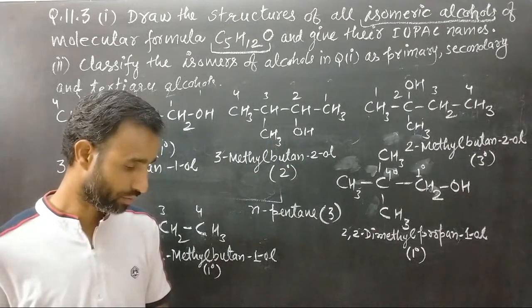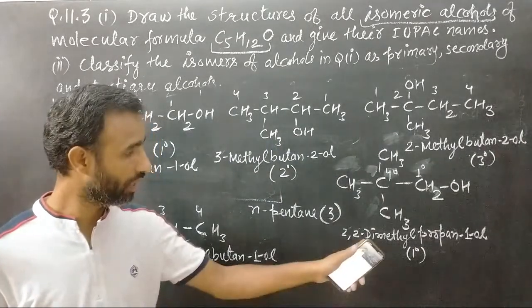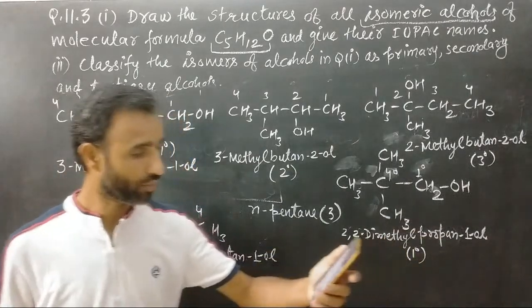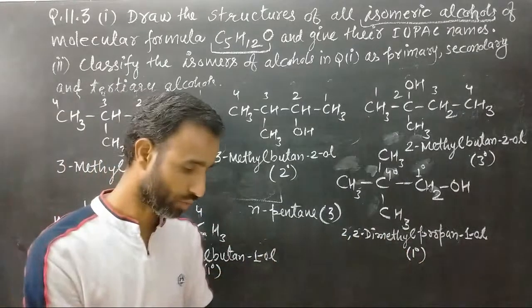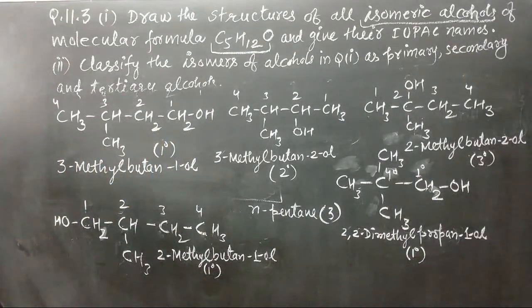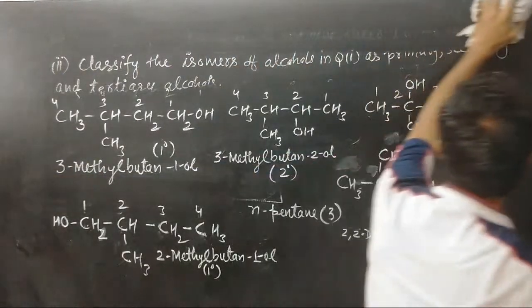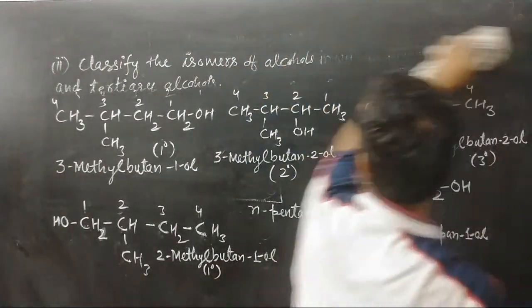Good, Swati, good. 2,2-dimethyl propan-1-ol. Very good, all of you. Great. Okay, so this is question number 3 of alcohols, phenols and ethers.